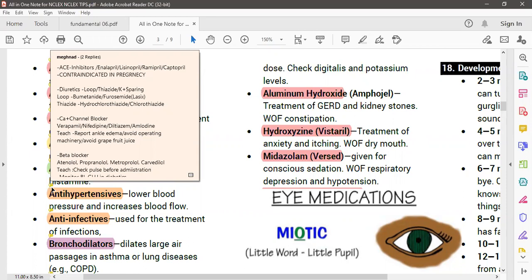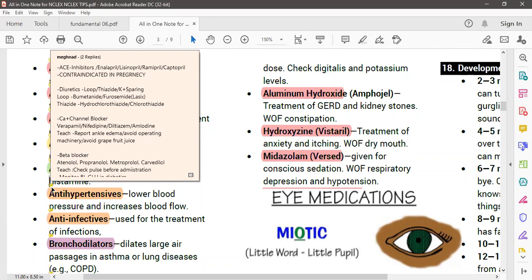So it is good to monitor the blood pressure, and to check the BUN level or creatinine level, which means kidney function. Also, we need to check the electrolyte level. ACE inhibitors are contraindicated in pregnancy, right?